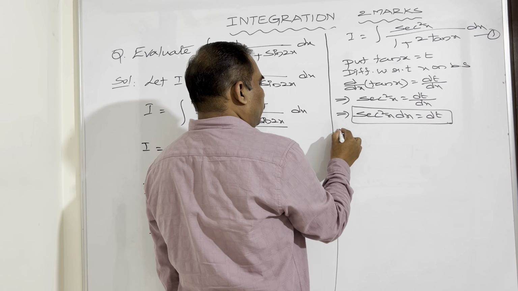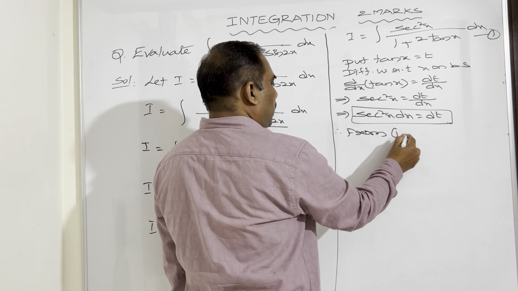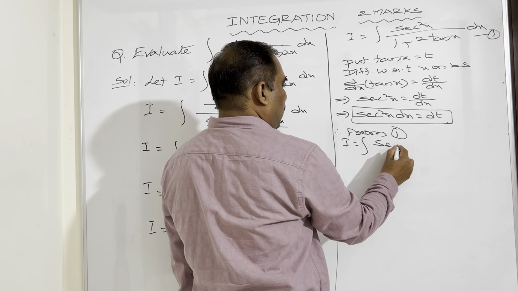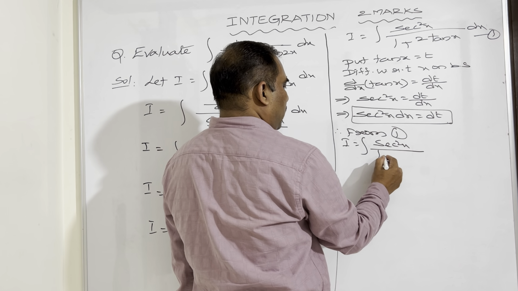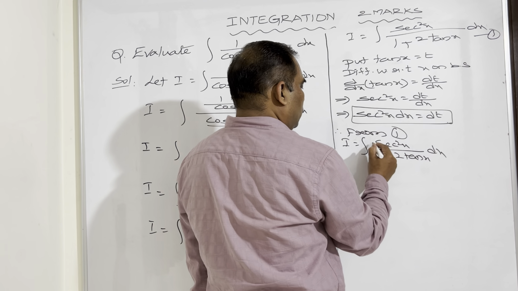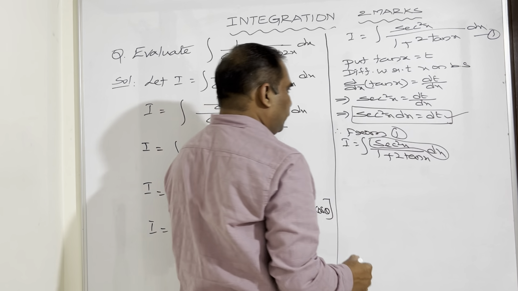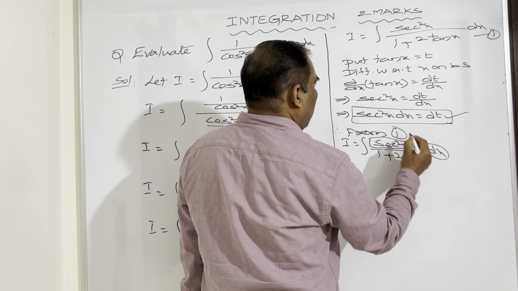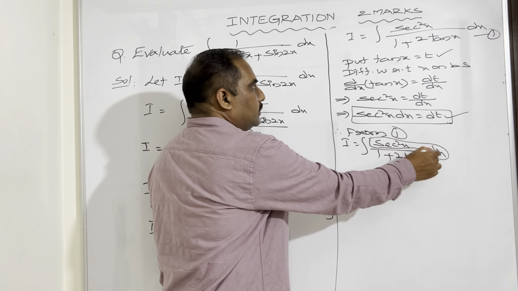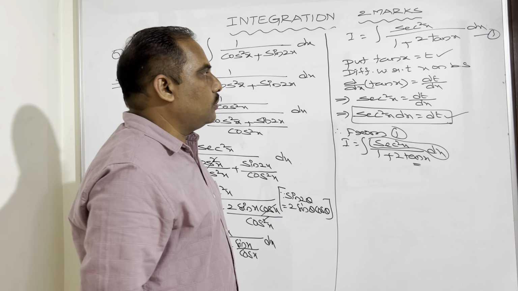So from 1, I is equal to the integral of secant square x by 1 plus 2 tan x, dx. Now secant square x dx is replaced by dt, and tan x is replaced by t.